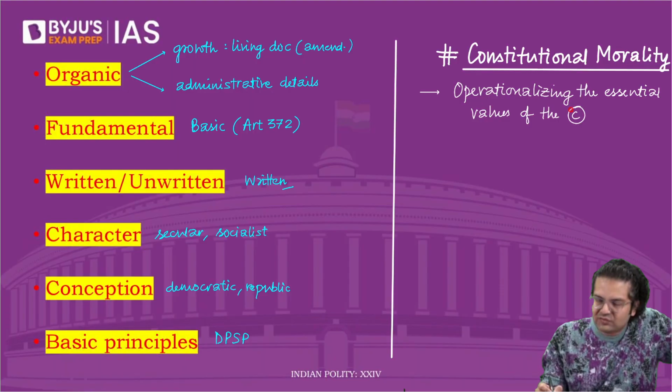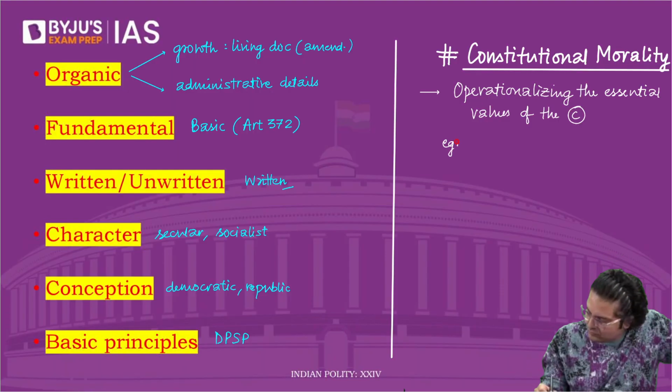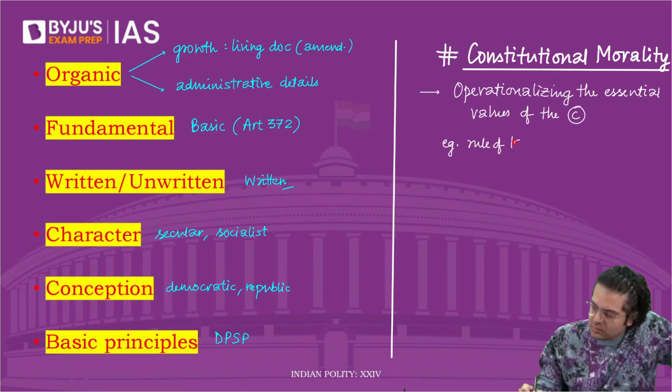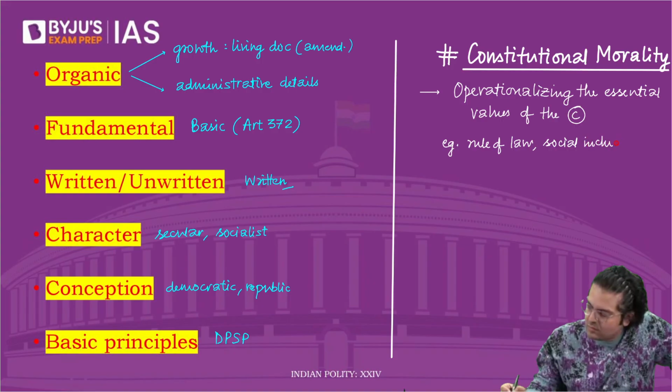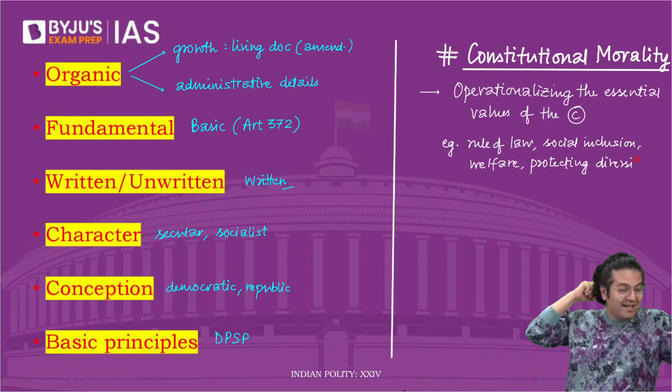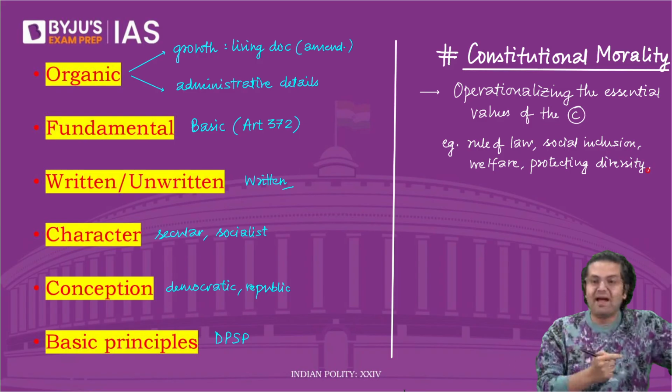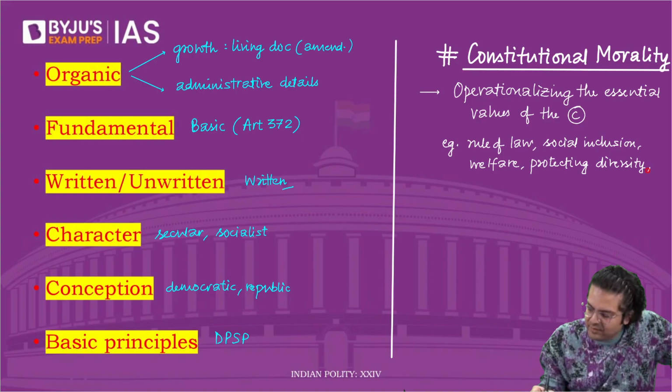What are those essential values? Rule of law, social inclusion, the idea of welfare, protecting the diversity, right? Egalitarian society, affirmative action, democratic freedom.